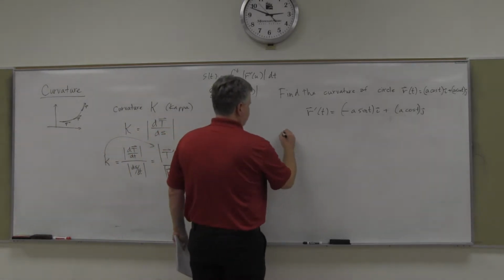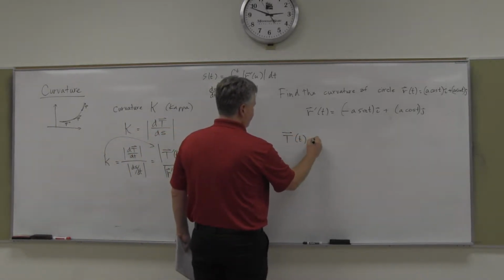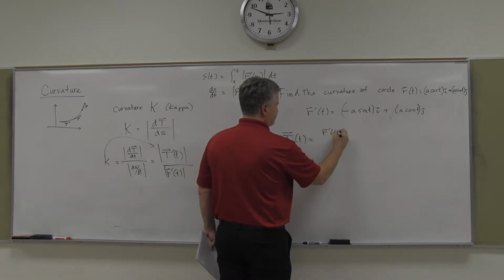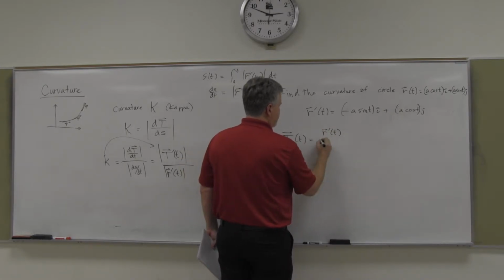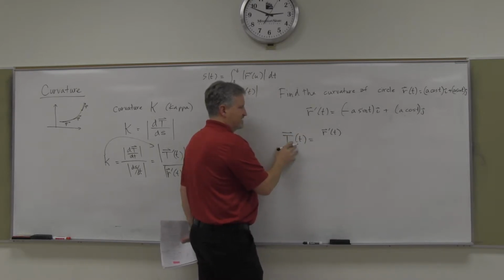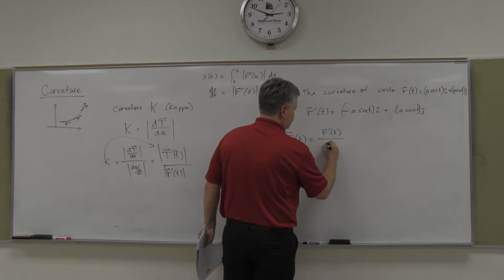So for the unit tangent vector, remember the way we get that is you take r prime of t, but we want to unitize it, so you divide that by its magnitude.